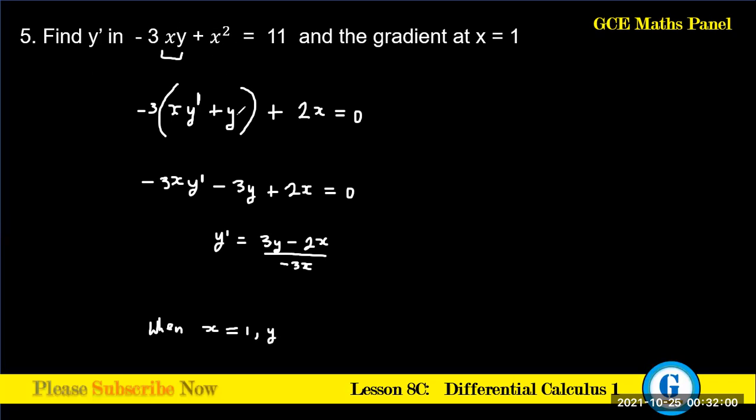So if you substitute 1 in the given equation, what are we going to have? We will have minus 3y plus x, the x is 1, so plus 1 is equal to 11.